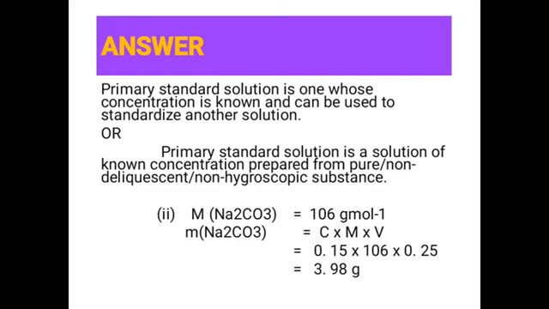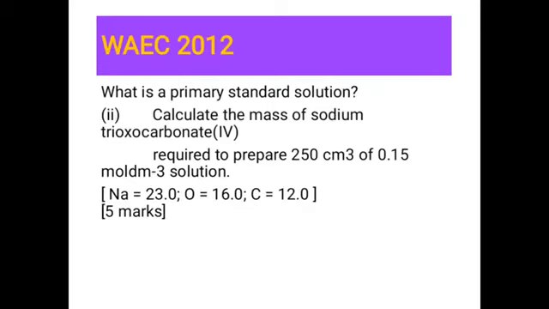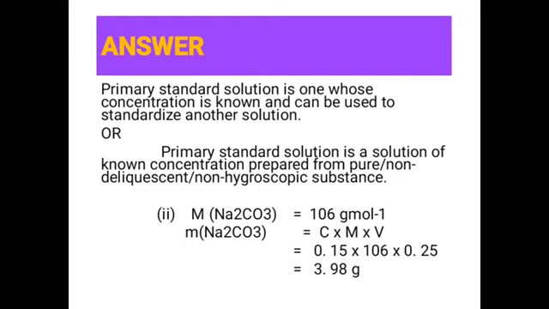Now for the second question, you have to look for the mass required to prepare 250 cm³ of 0.15 molar solution. Quite simple. The molar mass of Na2CO3 is 106 g/mol.